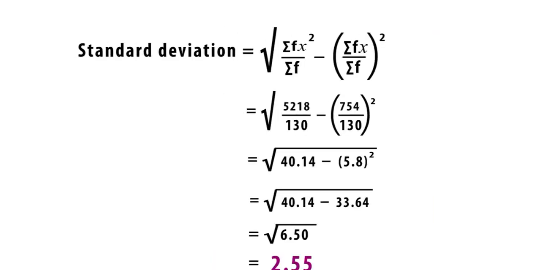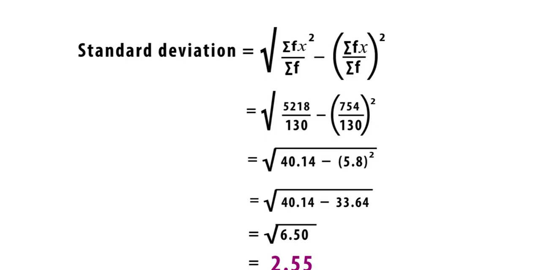Yeah, continue, David. The standard deviation is given by the square root of sigma fx squared over sigma f minus sigma fx over sigma f all squared.